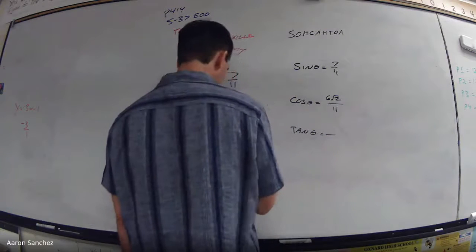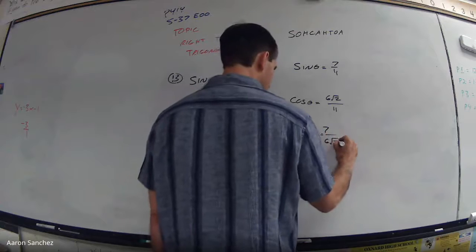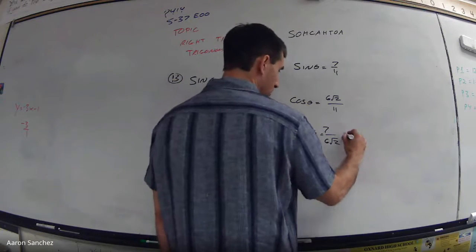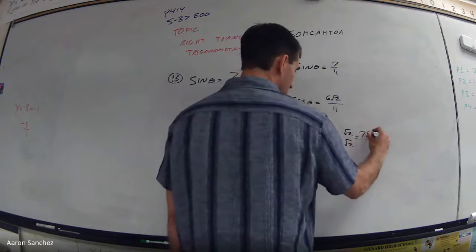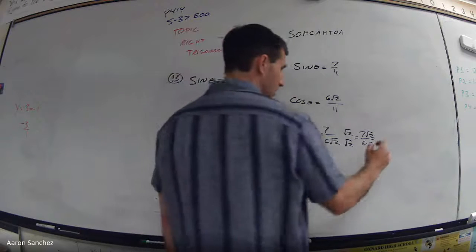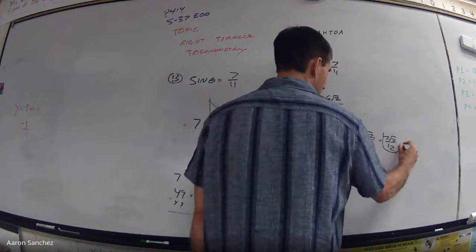Tangent of theta is opposite over adjacent, 7 over 6 root 2. Now I got to get rid of the root 2, so I go root 2 over root 2, which is 7 root 2, and 6 times root 2 times root 2 is 12, so it's 7 root 2 over 12.